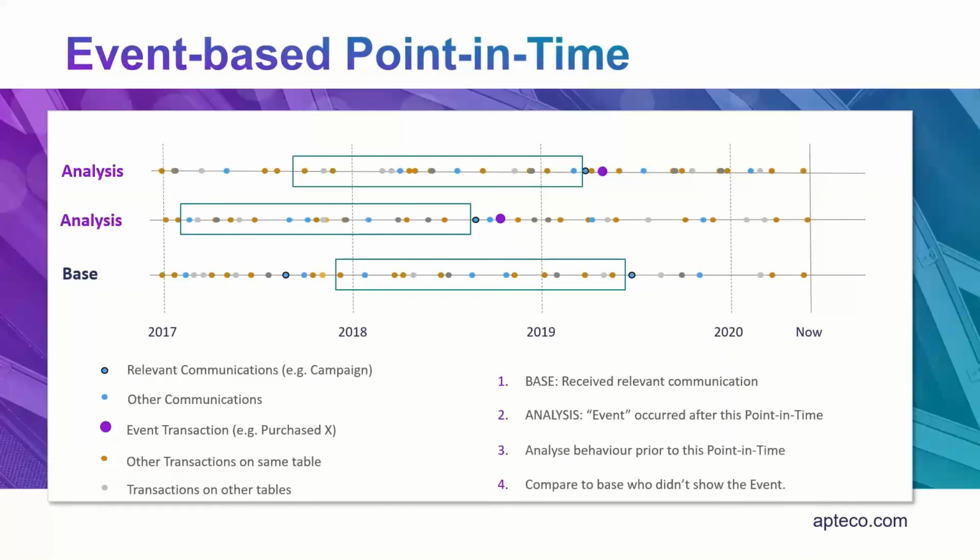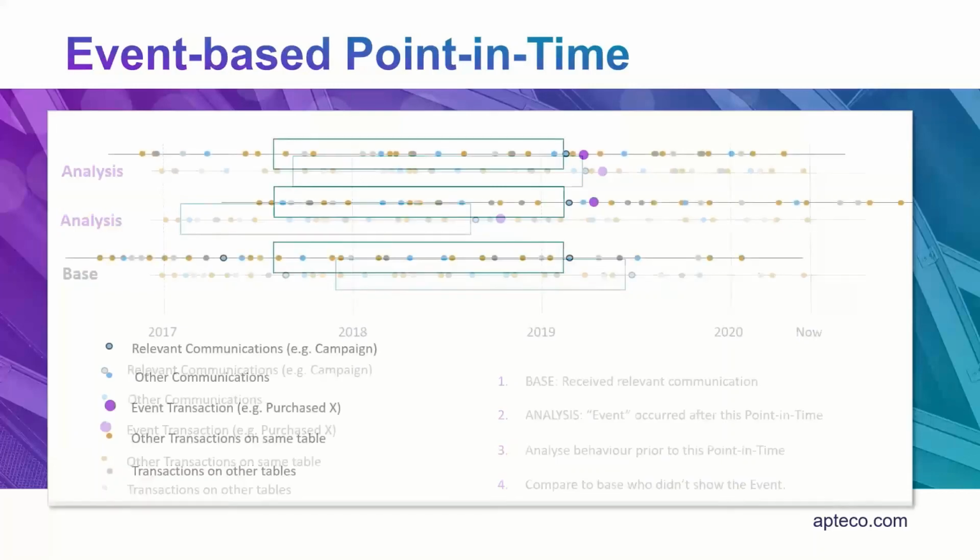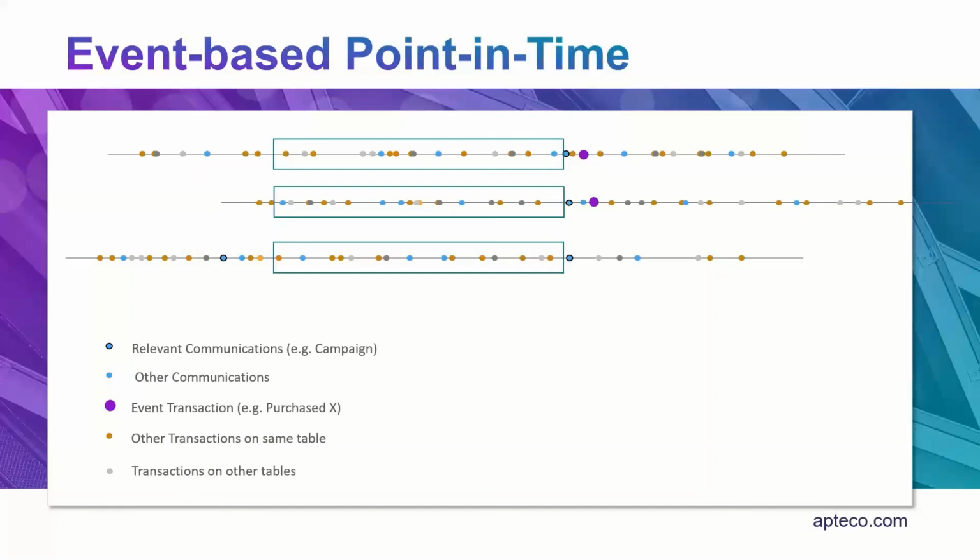But you can see those 3 windows, if you like, the squares that we've put on there, are at different time periods. What Ray has been working on is the ability to do this, to align them so that we can see those individuals relative to the date of the communication, and then use that, identifying those who undertook the activity that we're interested in, and look at the behaviours in the same way as I've been doing today with fixed dates.